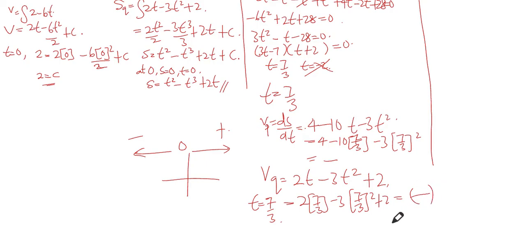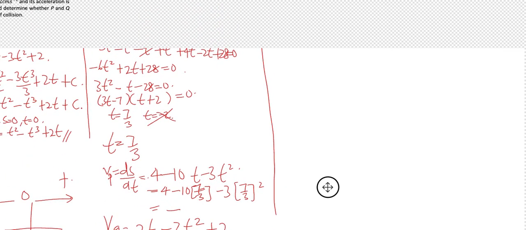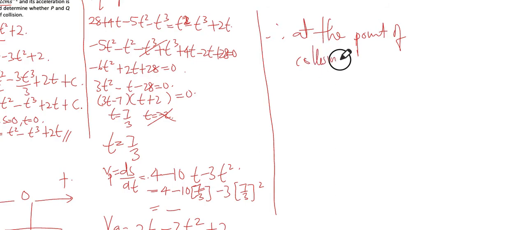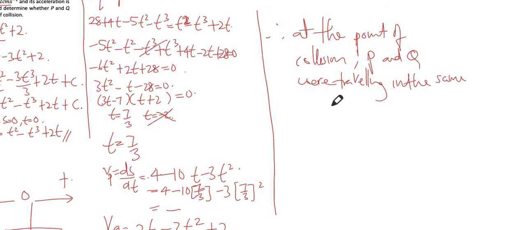So since I've got both negative values, that indicates that the two velocities are negative. So at the point of collision, P and Q were traveling in the same direction.